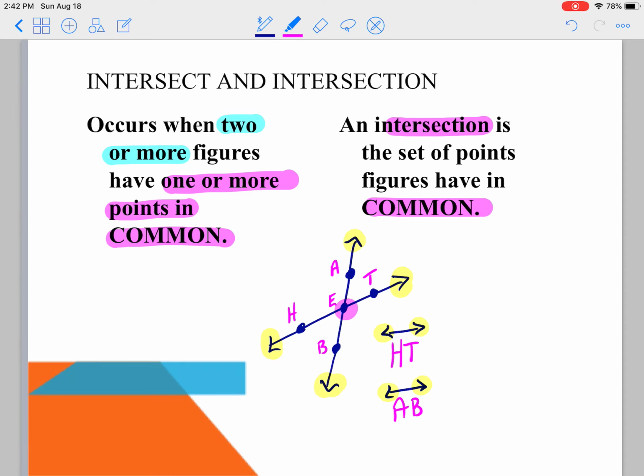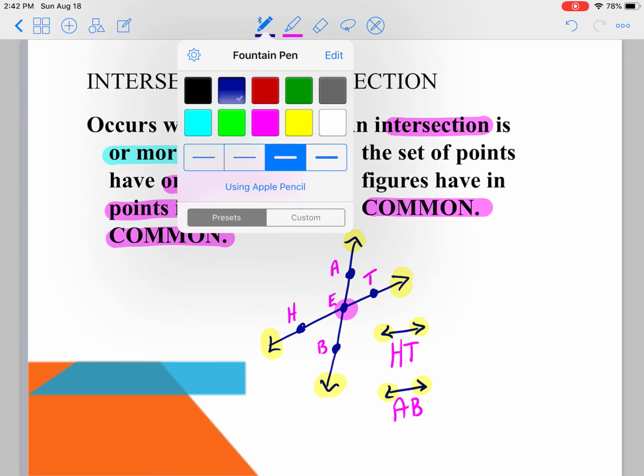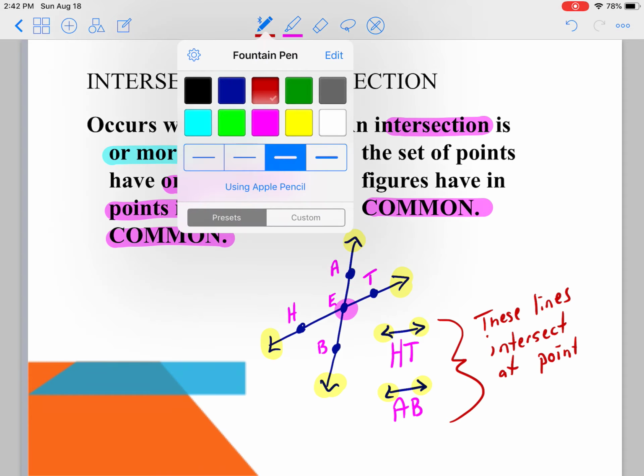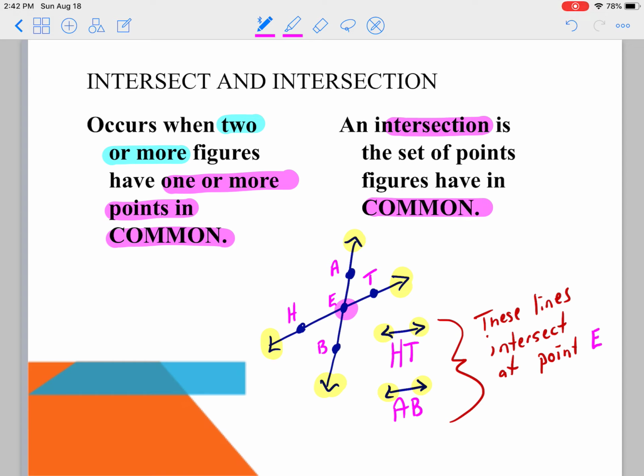So in this case, these lines, which we have called line HT and line AB, intersect at point E. So that is the intersection.